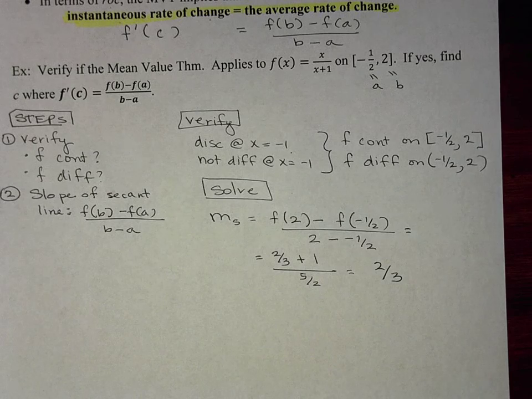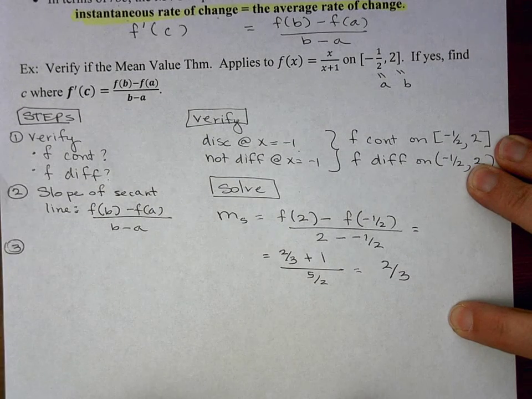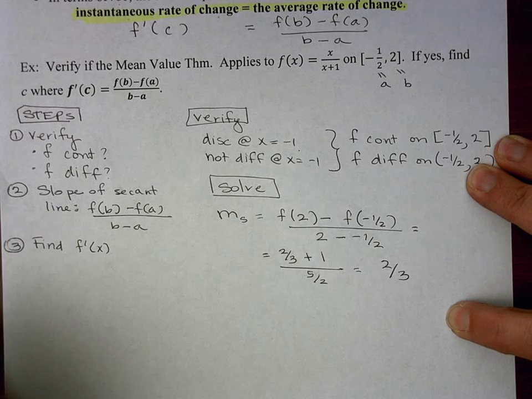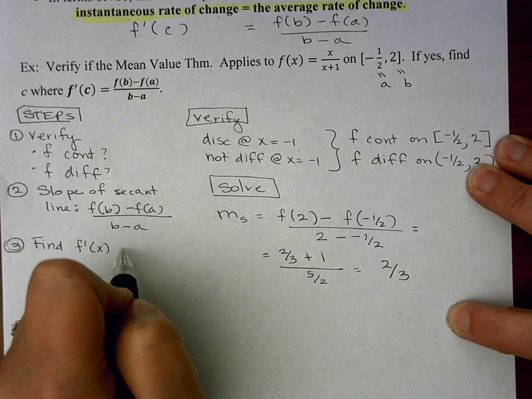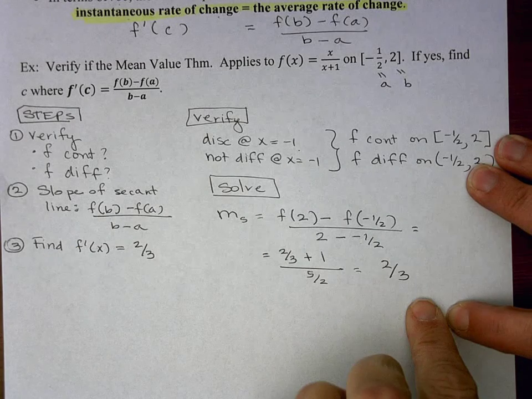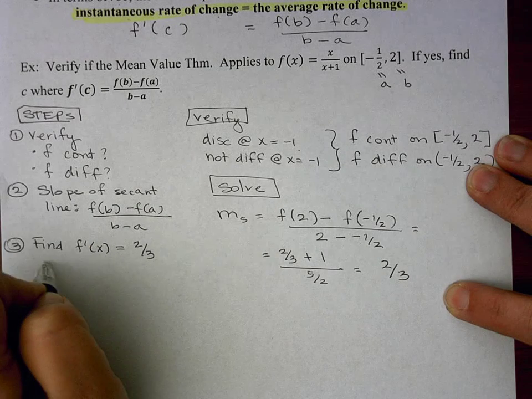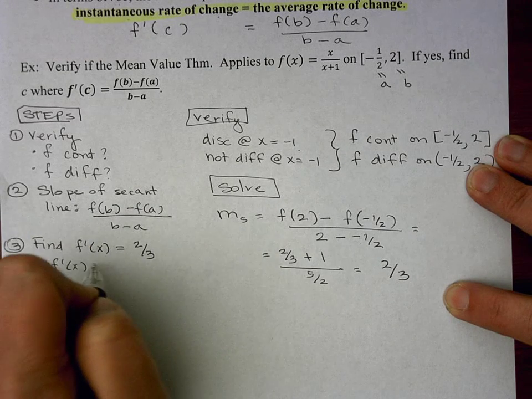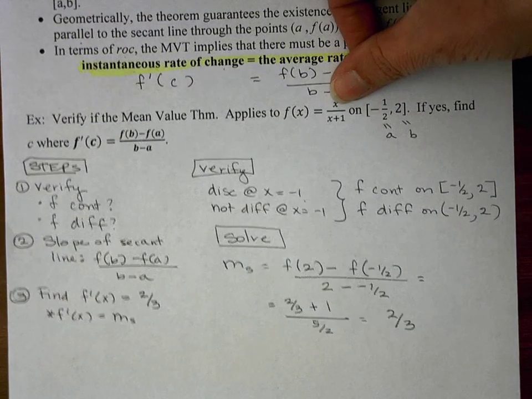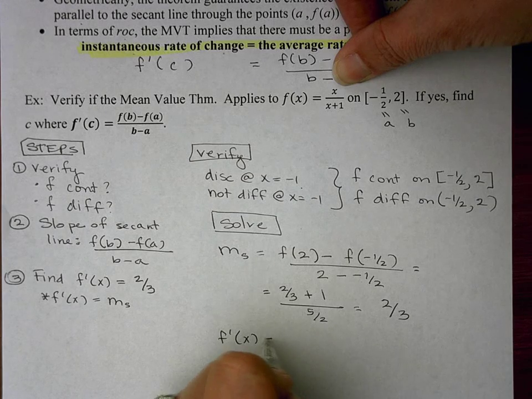Okay, so now that I have the slope of my secant line, I'm going to set that equal to my derivative. So I'm going to find f prime of x and then set it equal to 2/3, which is the slope of the secant line. Okay, so let me write that here. We have to do quotient rule. So low d high minus high d low. So you guys do that part. So find your derivative.